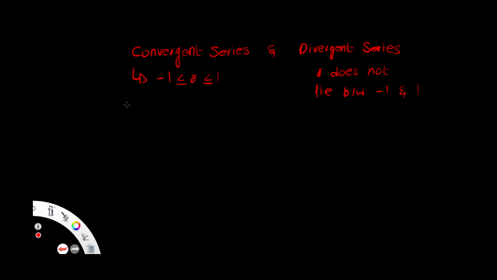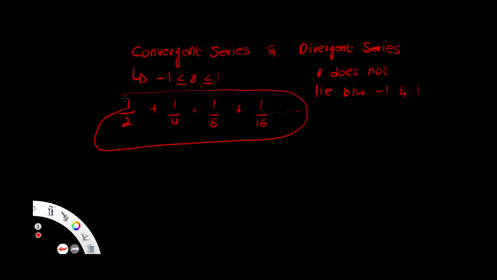So for example, 1 upon 2 plus 1 upon 4 plus 1 upon 8 plus 1 upon 16, and so forth. This particular series is going to give us a finite constant. If we keep adding this series, eventually we'll reach a constant, maybe something like 2.00.